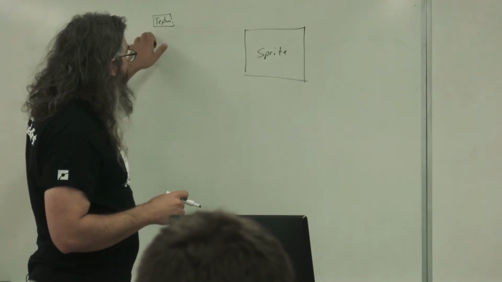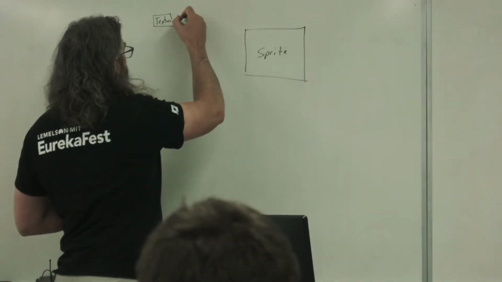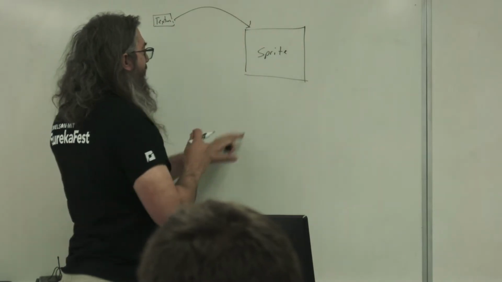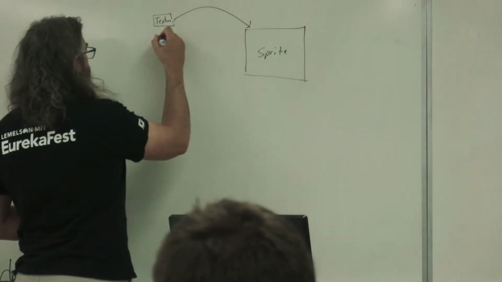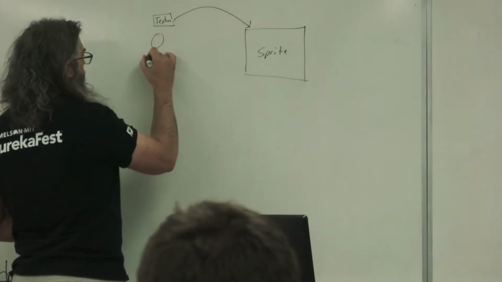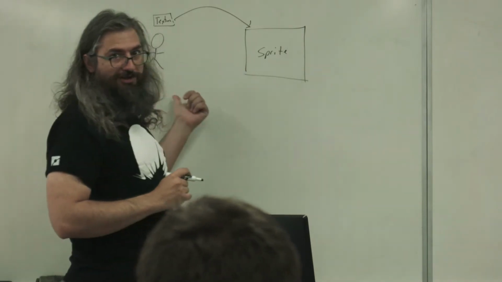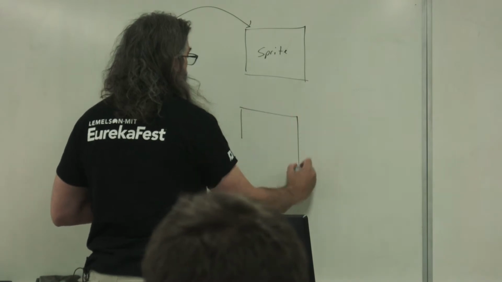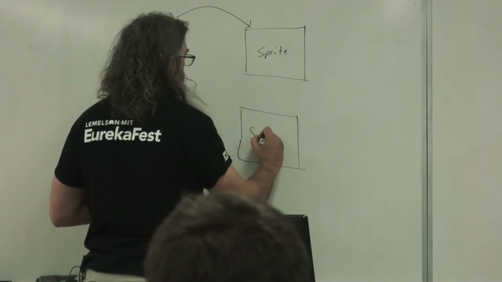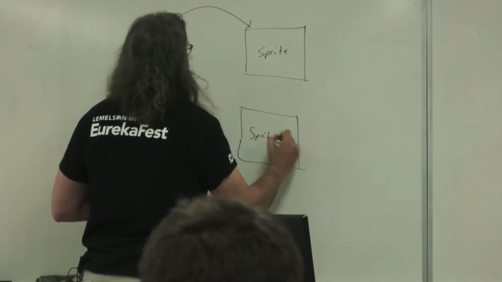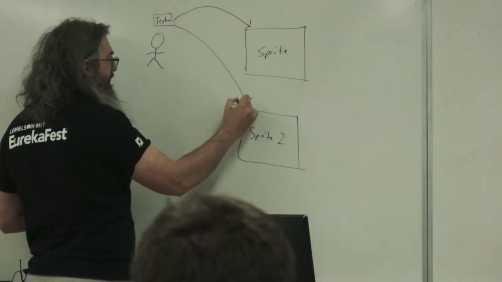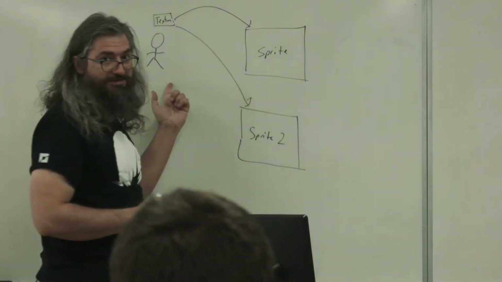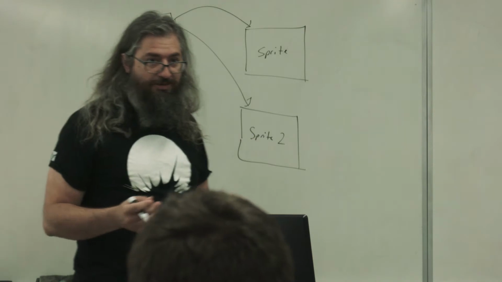We attach the texture to the sprite, and if this texture is, let's say, this little stick figure, then this sprite's going to look like this stick figure, okay? And if I make another sprite called sprite2, I can assign that texture to this guy, and they'll both look like this stick figure. And we know that's going to be the case.